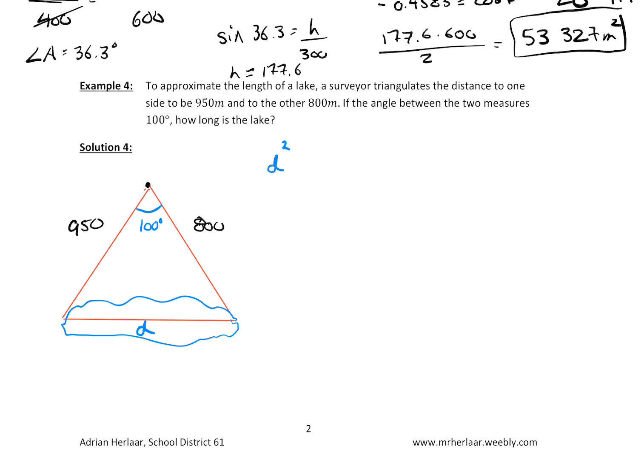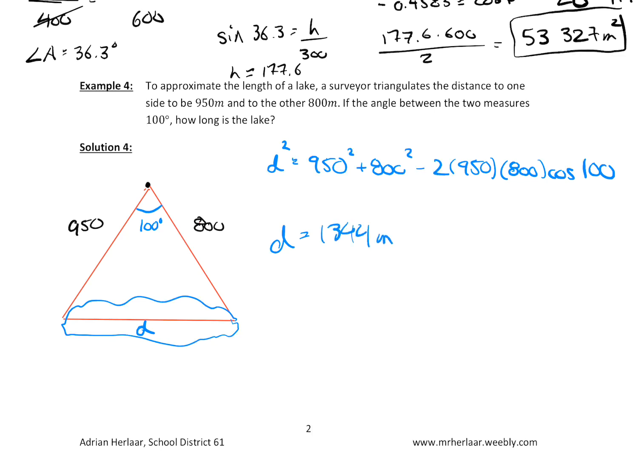So D squared is 950 squared plus 800 squared minus 2 times 950 times 800 cos 100 degrees. You multiply all that together, square root D, and you end up with D equal to 1,344 meters.